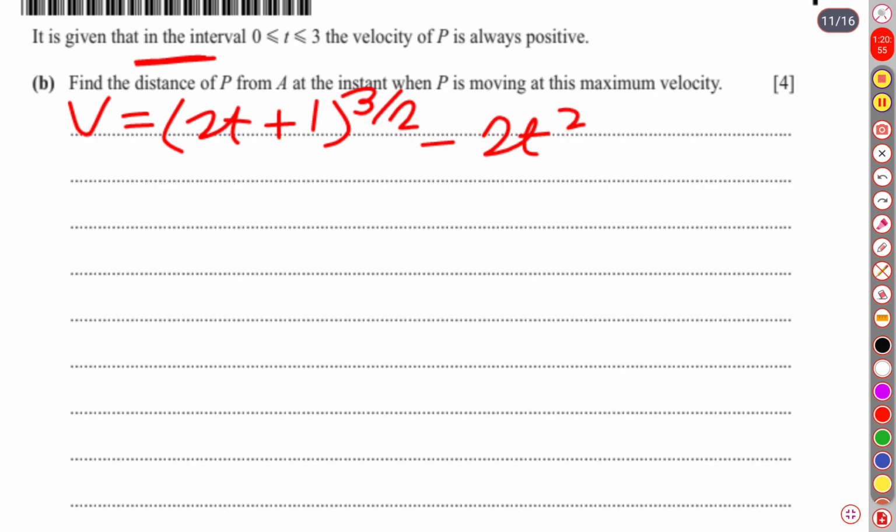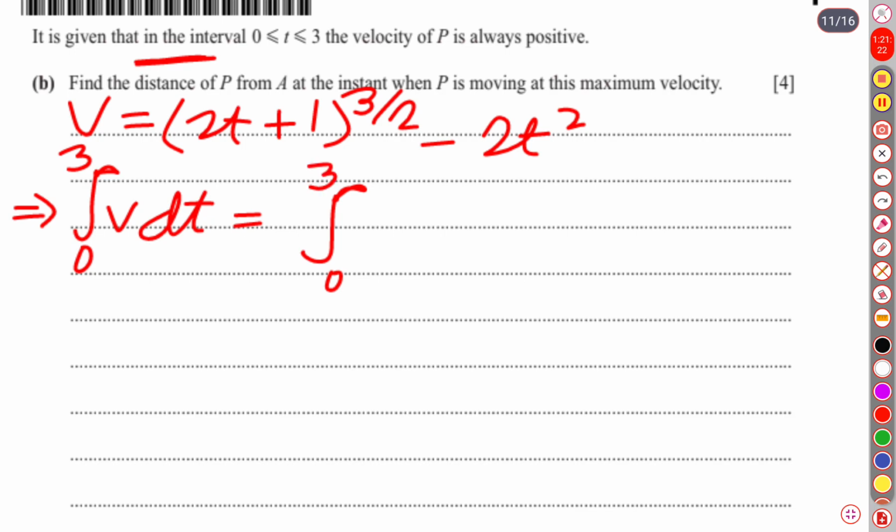Now we integrate in terms of time. Not 0 until 3, it is actually the maximum velocity. They have told us to find the distance of P from A at the instant when P is moving at maximum velocity.